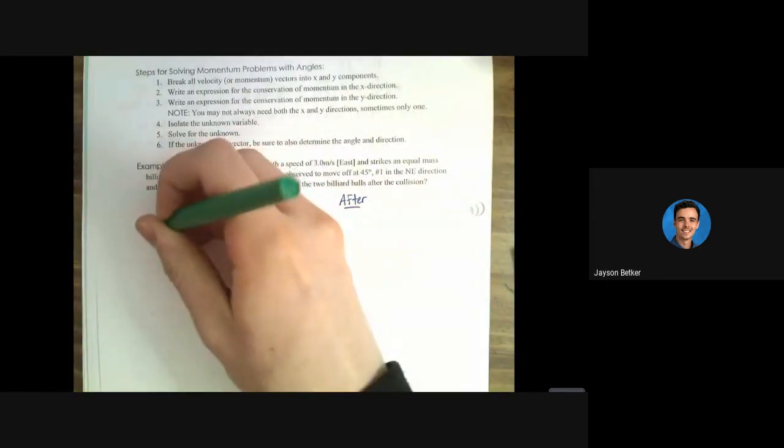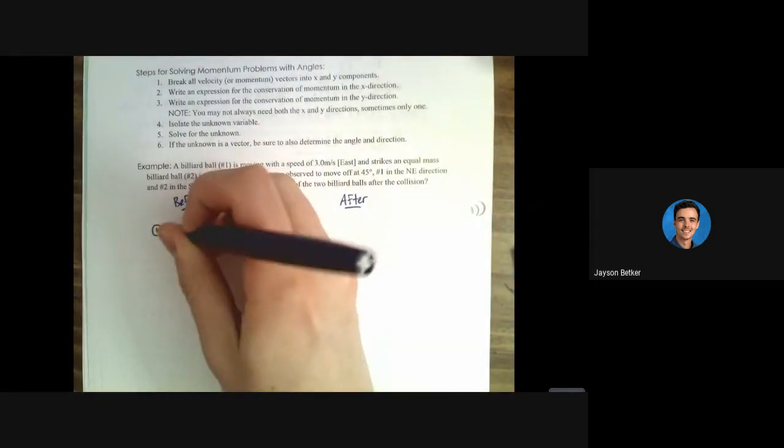So a billiard ball is moving with a speed of 3 meters per second east. So we've got one of these billiard balls. Let's make it green. We'll call it number 1. Okay. It's moving east like that. Okay.